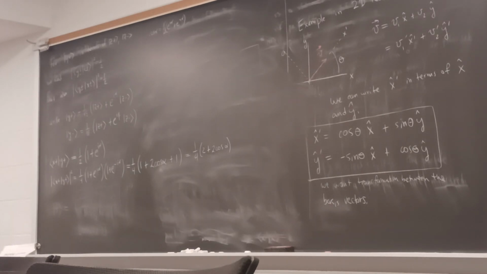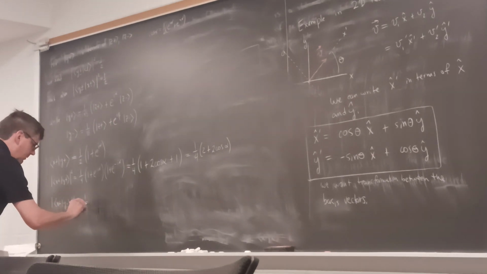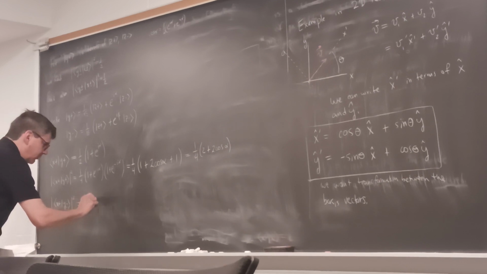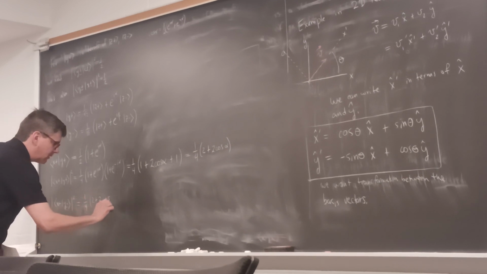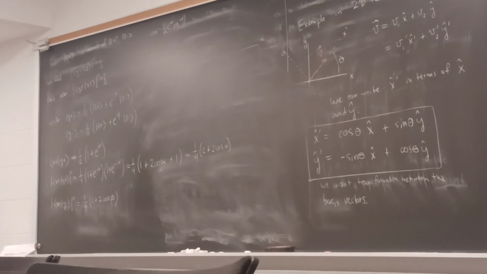Okay. And then if I take x plus with y minus, structurally it's the same, except I have a beta instead of an alpha. So this is 1/4 (2 plus 2 cosine beta).